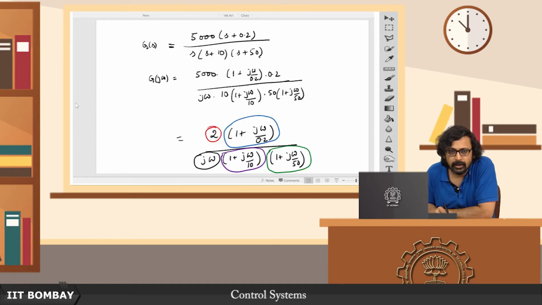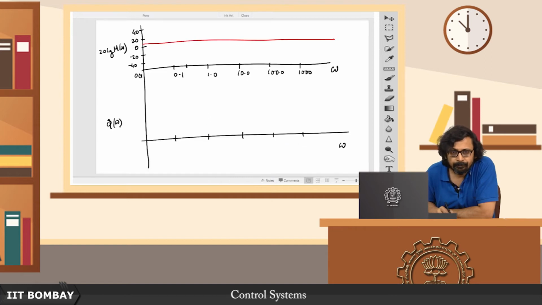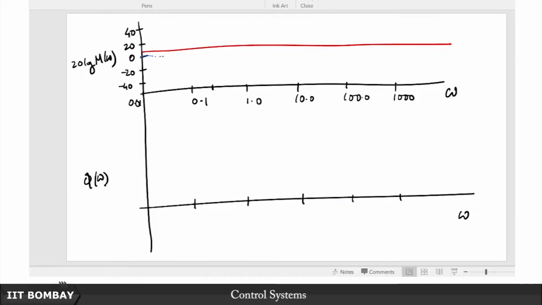So what does a typical block like this have? What does its Bode plot look like? We know that it looks something like this. This is 0.2, it will probably come all the way until here, and then it will rise at 20 dB per decade.